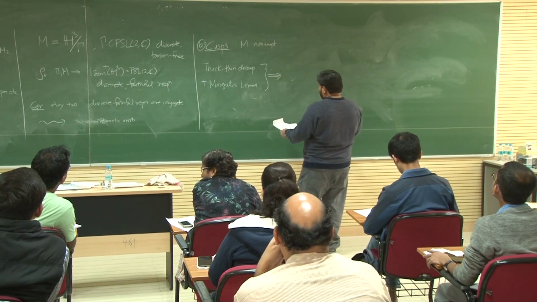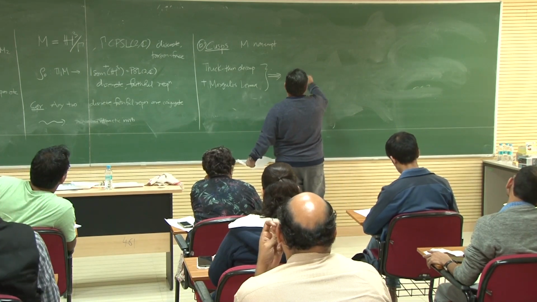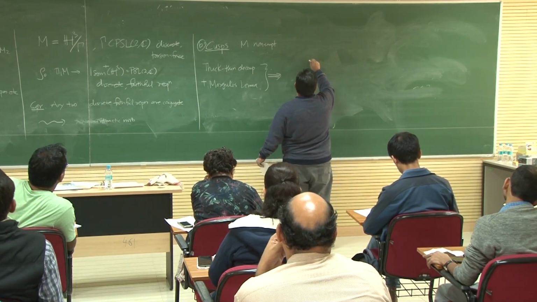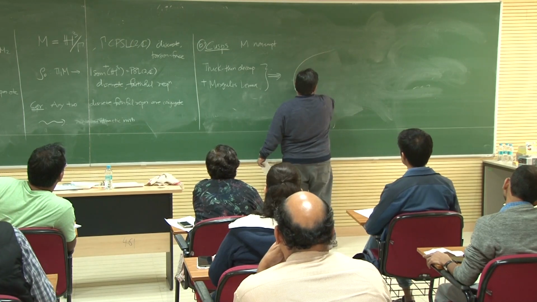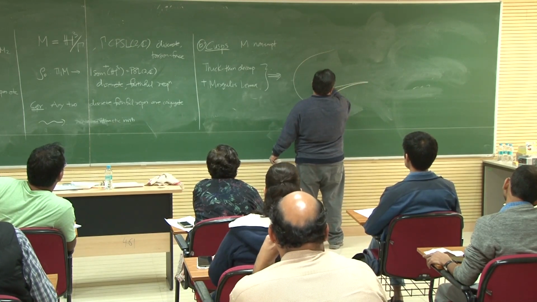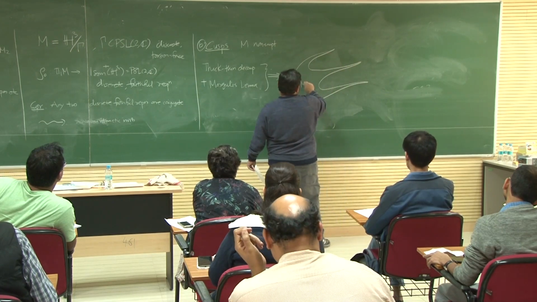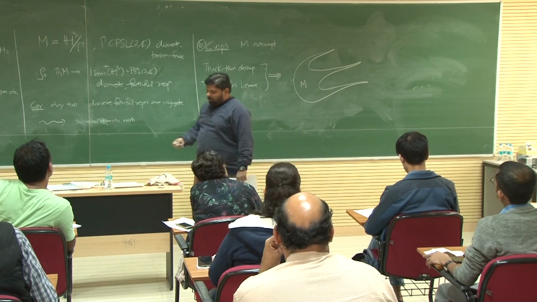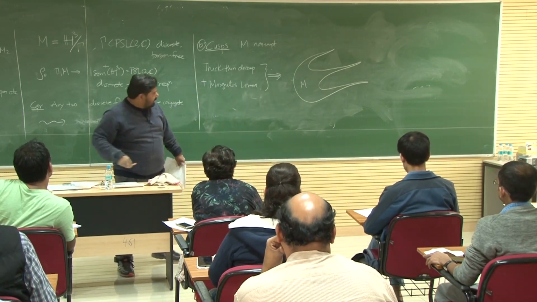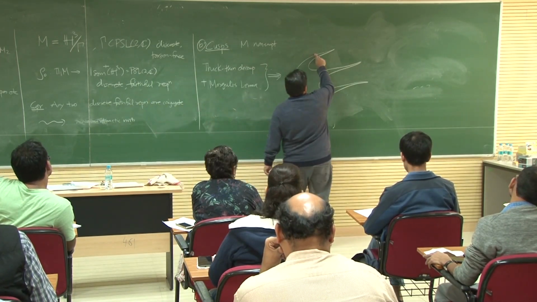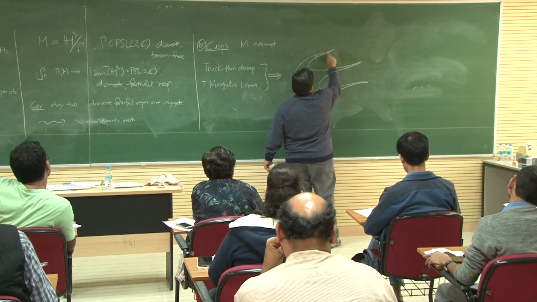And so what this shows is the typical picture which you see for a hyperbolic 3-manifold. You see a picture like this, and this is M, and what we are indicating is this is the thick part and this is the thin part.